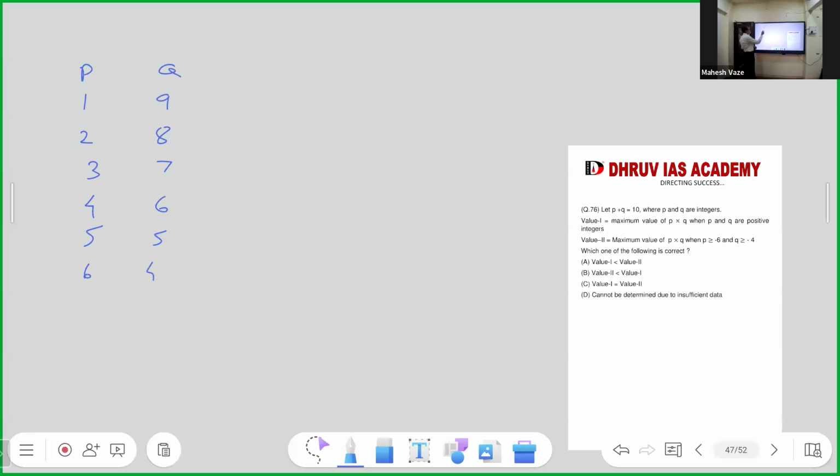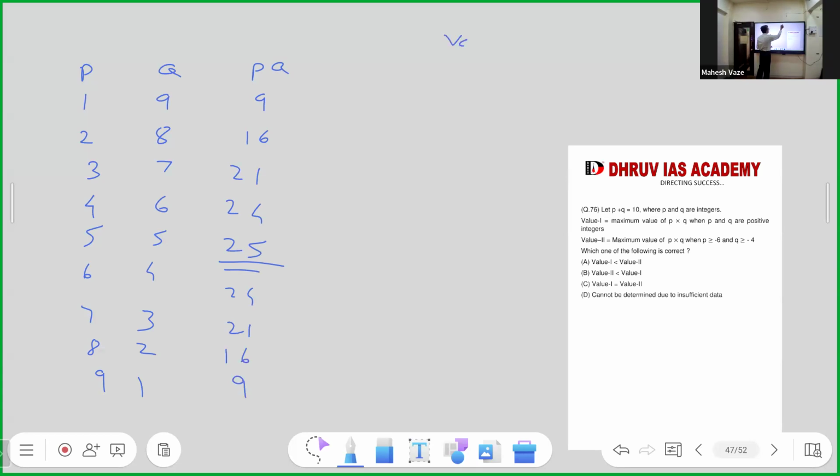But again, see the product. Here the product is 9, here it is 16, here it is 21, here it is 24, here it is 25, here it is 24, then 7 and 3, 8 and 2, 9 and 1, so 21, 16, and 9. So the maximum value is 25. So value 1 is 25. Okay, this is value 1.